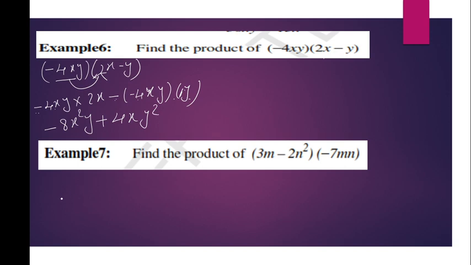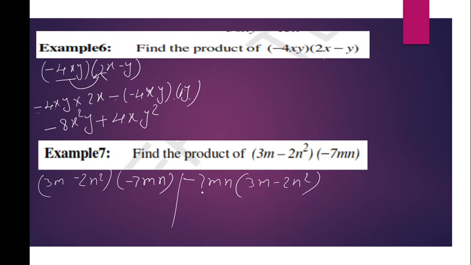Now look at the next example. Find the product of 3m minus 2n square into minus 7mn. Now we will multiply this monomial inside. I can write it this way, or as minus 7mn into 3m minus 2n square.